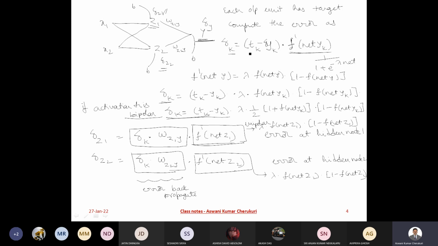Once that is done, we check what the error is, right? Once the error is calculated, remember the way we calculate the error is target minus actual, into the first derivative of the activation function over the particular net input. The first derivative of the activation function gives you the rate of change of the error with regard to the corresponding weights.